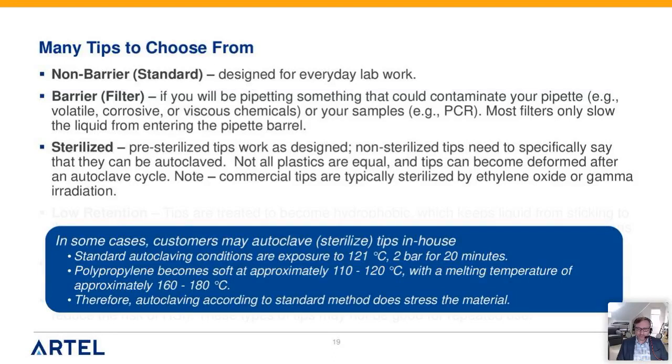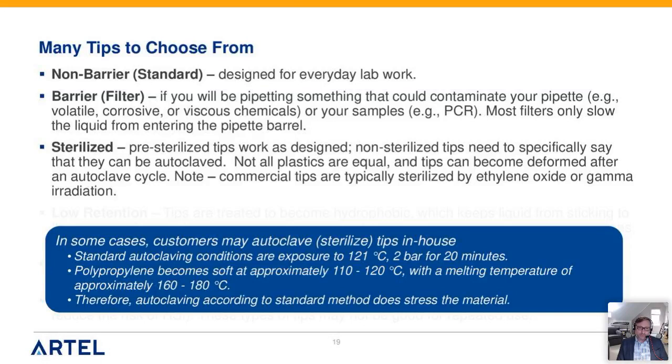They'll do typically an autoclave cycle, and while that will sterilize the tips, we have to remember that most tips are made of polypropylene. And they become soft at about 110 to 120 Celsius, and they will melt at 160 to 180. And so we have to think about the standard autoclaving conditions. We're basically softening up these tips.